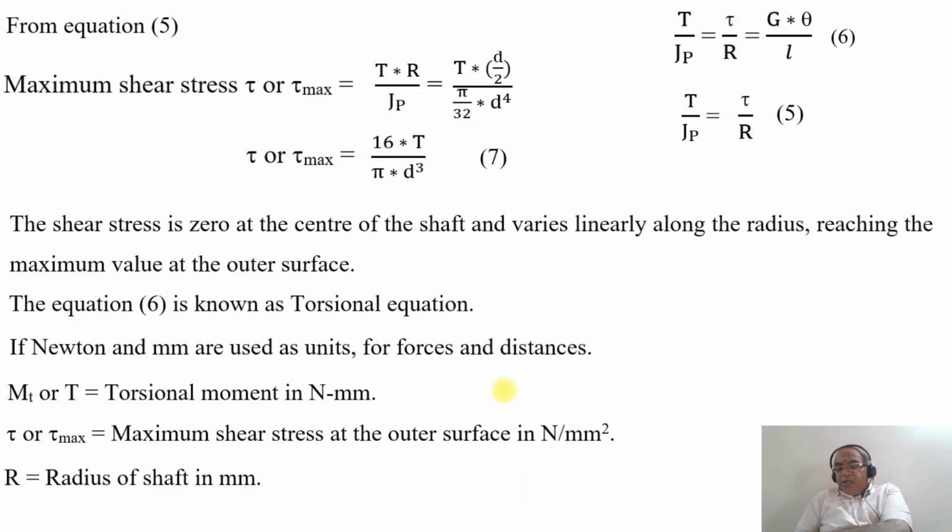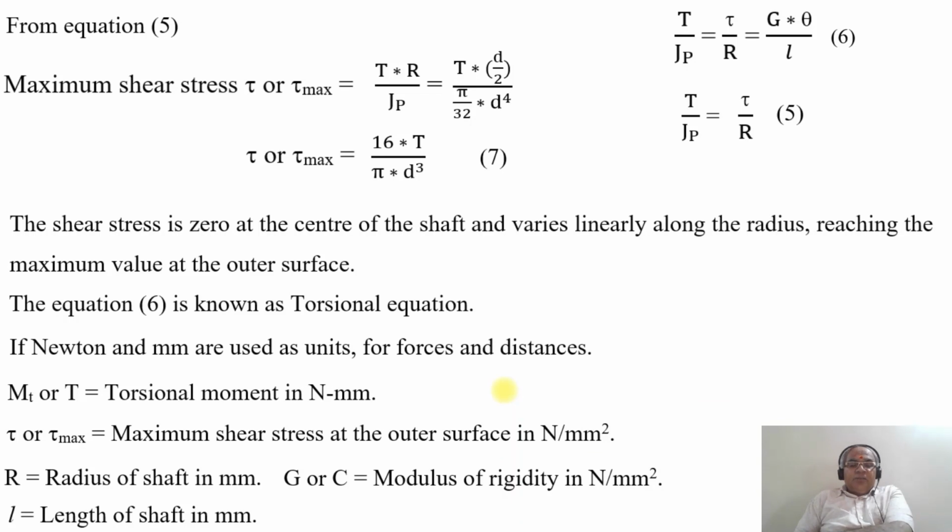Capital R is the radius of the shaft in mm, and small l is the length of the shaft in mm. G or C is the modulus of rigidity in Newton per mm square. Jp or J is the polar moment of inertia in mm to the power of 4. And theta is the angle of twist in radians.